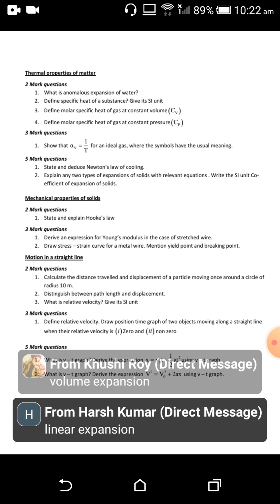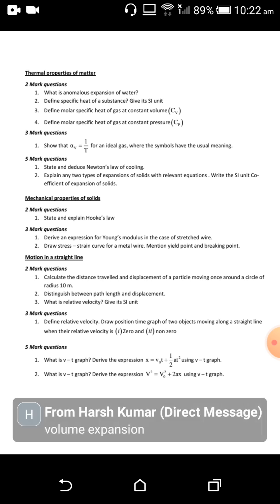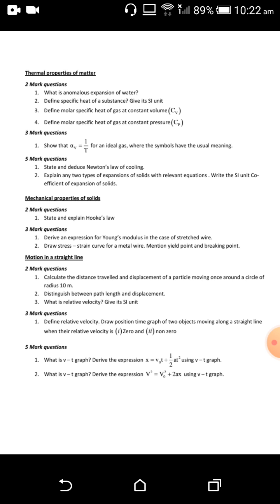Of these 3 types of expansion, you need to choose any two and explain that. You also need to write the SI unit of coefficient of expansion of solid. So what is the SI unit? It is per degree Celsius or per Kelvin. That is the SI unit.